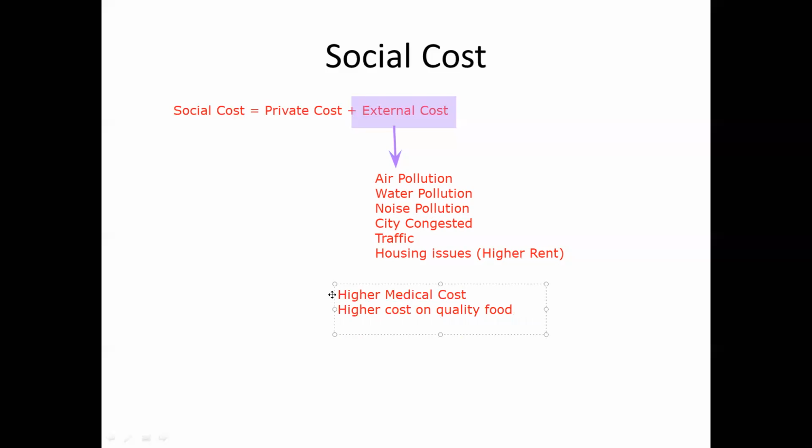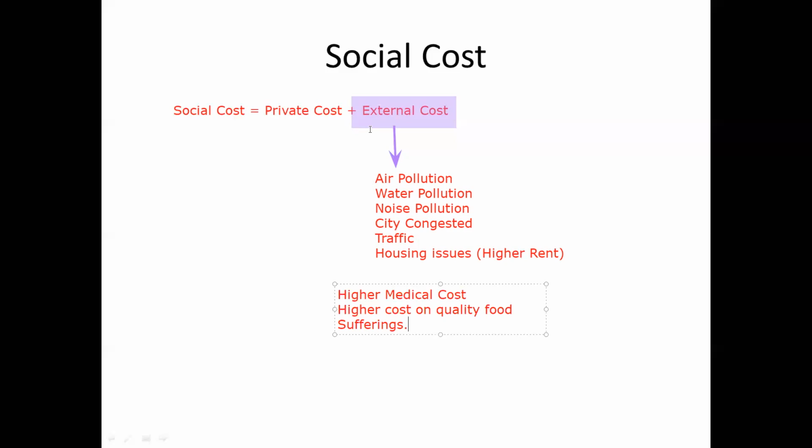And sufferings. These are called social costs. So external costs are the cost because of the industrial activity, because of the production activity.